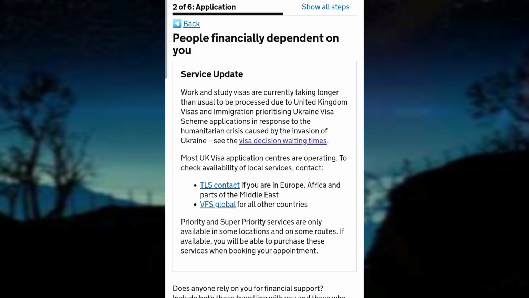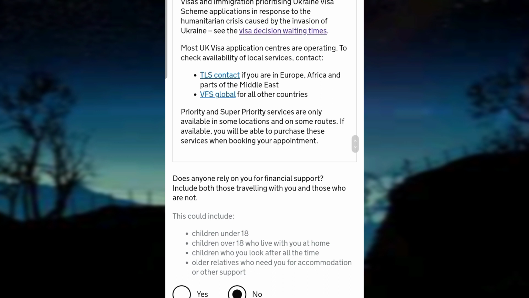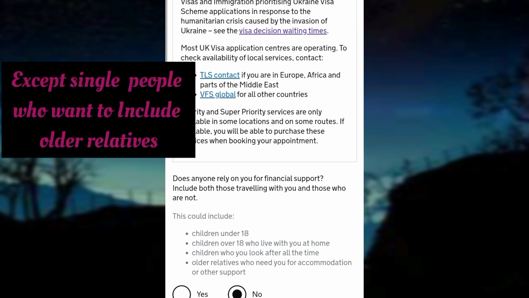So this question here is about people financially dependent on you, and it asks you, does anyone rely on you for financial support? Include both those traveling with you and those who are not. Now, for single people, this is not even a problem. They just go ahead and pick no and then move on. But for people who are applying with dependents, I will talk about this question in the next video where I address confusing questions for people applying with dependents.